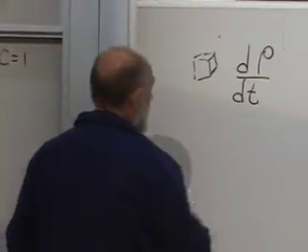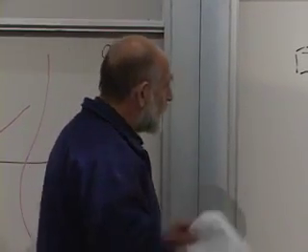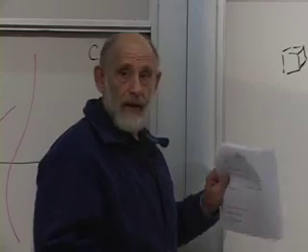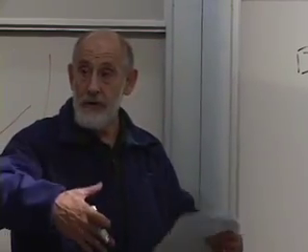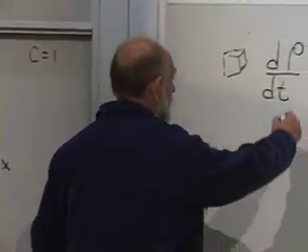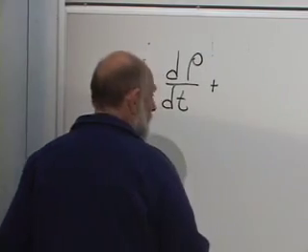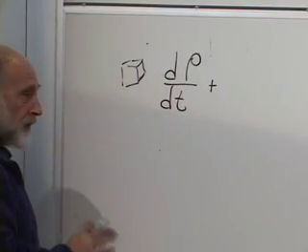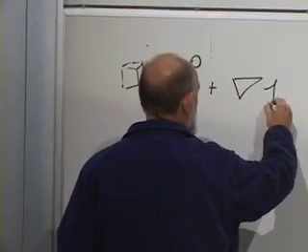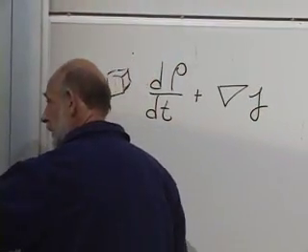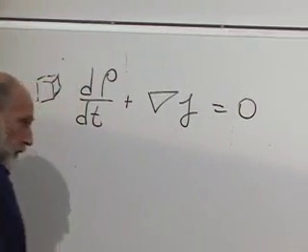So if the charge is increasing, then that must mean charge is coming in. It must mean the divergence is negative. The right equation is that the change per unit time of the charge density plus the divergence of the current, now this is the three-dimensional current, Jx, Jy, Jz, must be equal to 0.